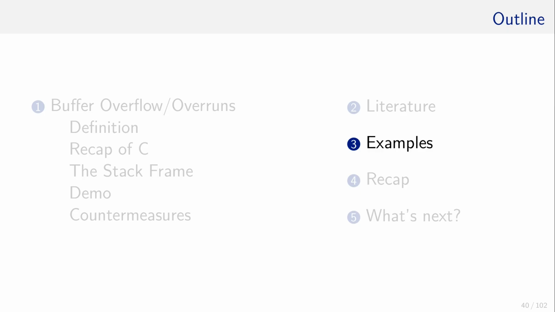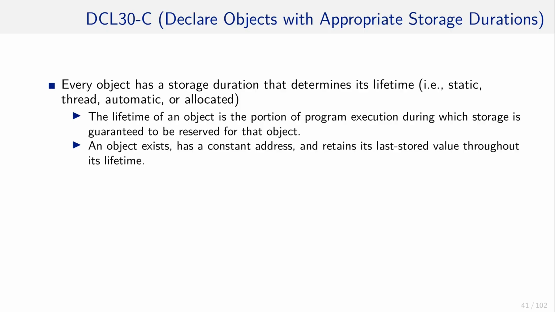Let's get started. First, rule DCL30C. This rule describes problems with objects and their storage durations. Every object has a storage duration which determines its lifetime. Throughout its lifetime, its storage and existence is guaranteed, and it retains the last stored value.